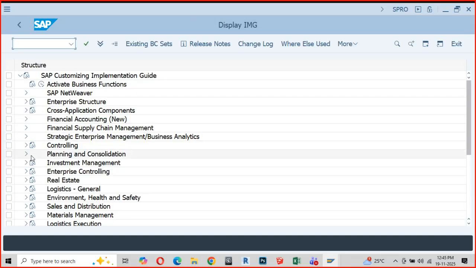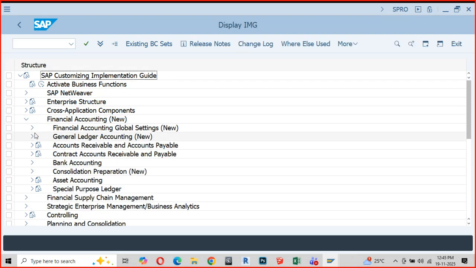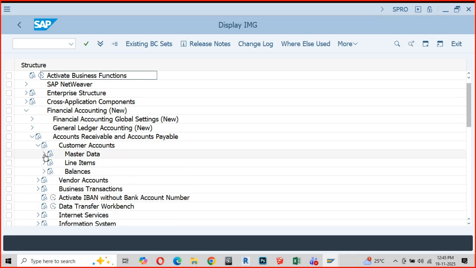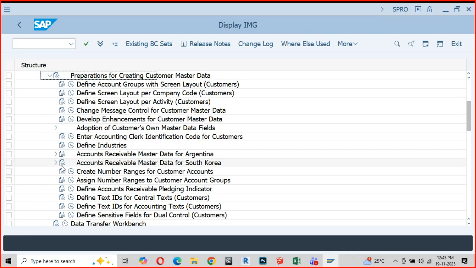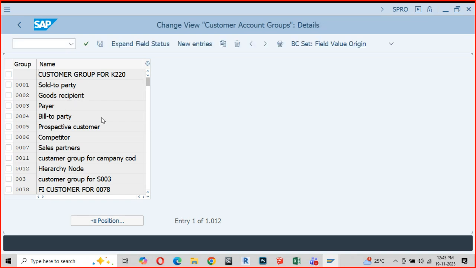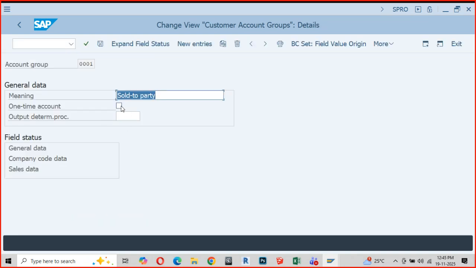While creating the relevant account groups for customers or vendors, we saw whether they were one-time customers or normal customers. Take up anything. See, one-time account. This is where you set up the one-time relation.